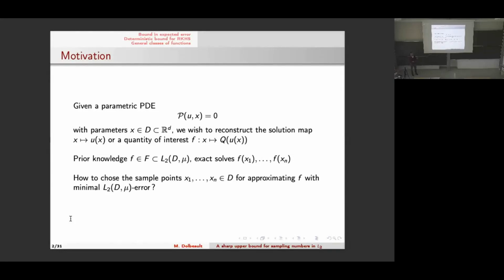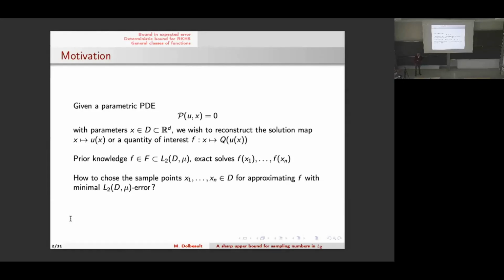So what does it mean in terms of PDE? I have a numerical solver, which is very accurate, so here I assume it is almost exact. The computation of each function value for fixed parameters takes a lot of time. So I want a small number of exact solves with my numerical solver, which I will denote f(x_1), ..., f(x_n).